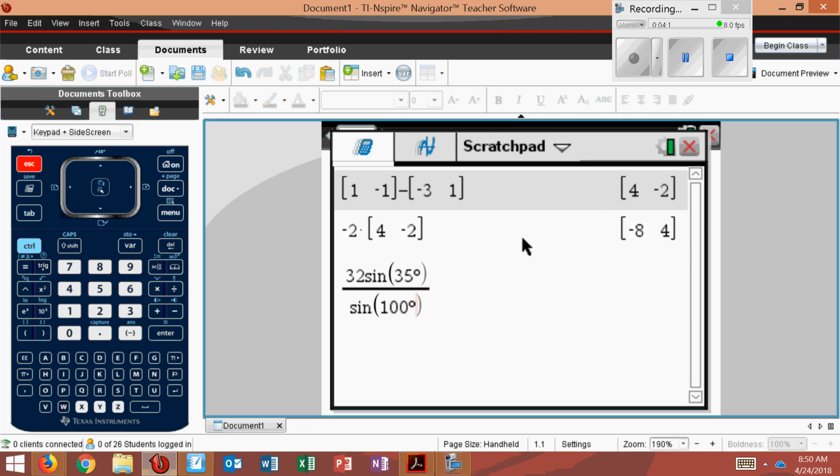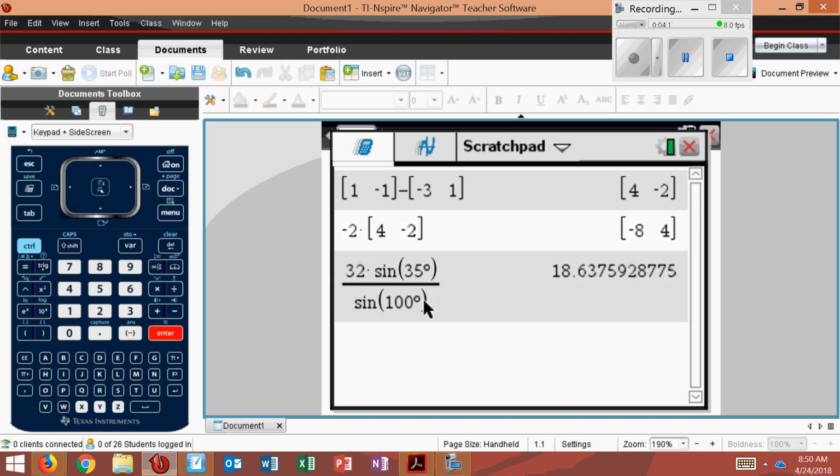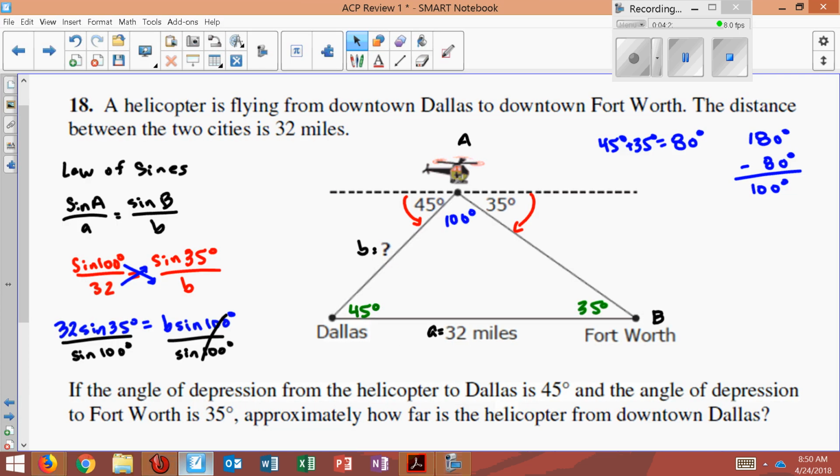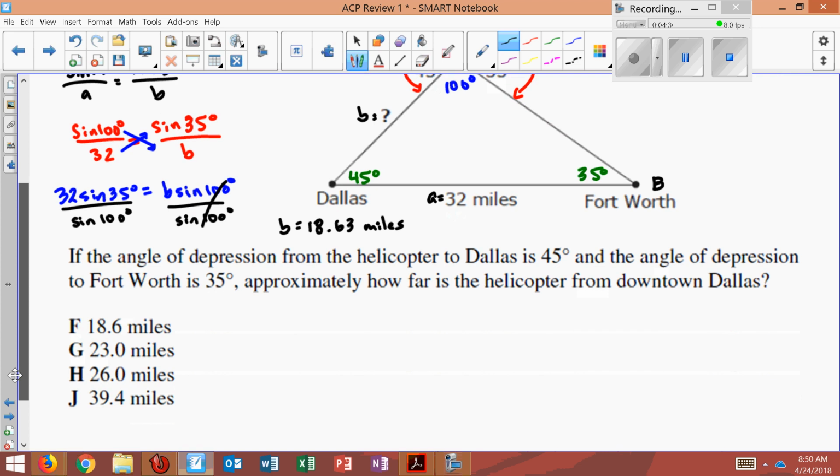No matter what mode your calculator's in, this will give you the right answer. I press enter, I get 18.63 miles. So B equals 18.63 miles. And so let's look down here. It looks like the correct answer is going to be F.